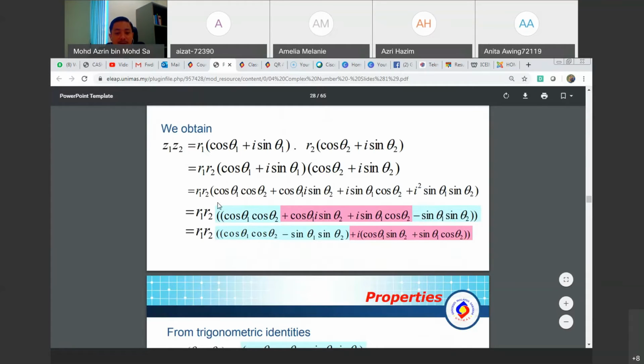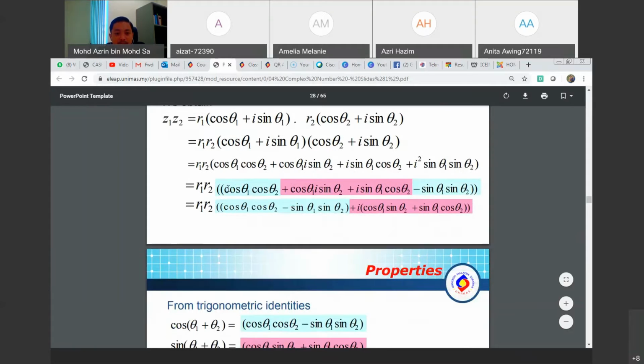After that, after you susun all ni, you will get cos theta 1 cos theta 2 plus cos theta 1 i sin theta 2 plus i sin theta 1 cos theta 2 minus sin theta 1 and sin theta 2. So daripada sini yang warna pink ni ada satu yang kita susun balik.